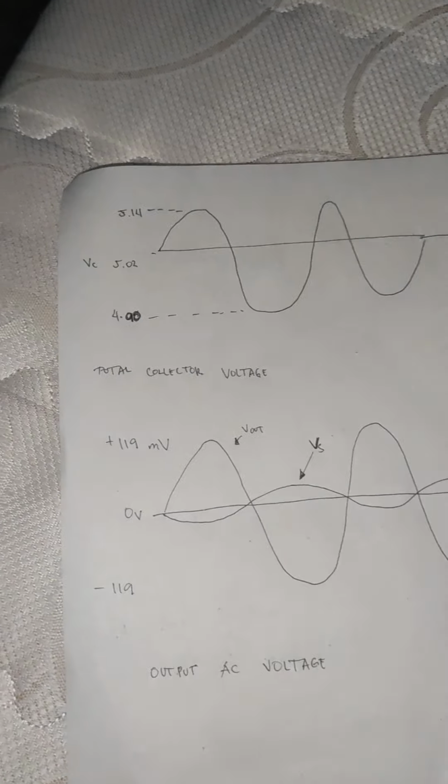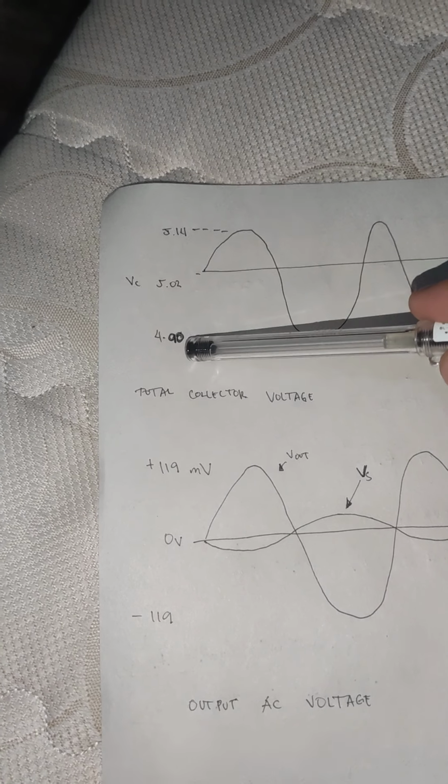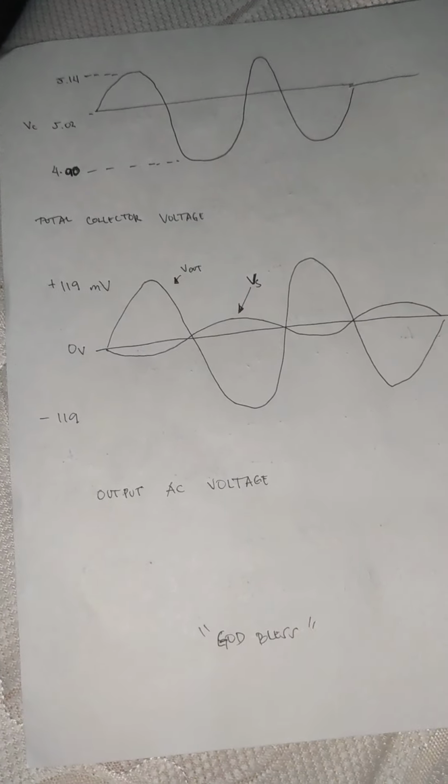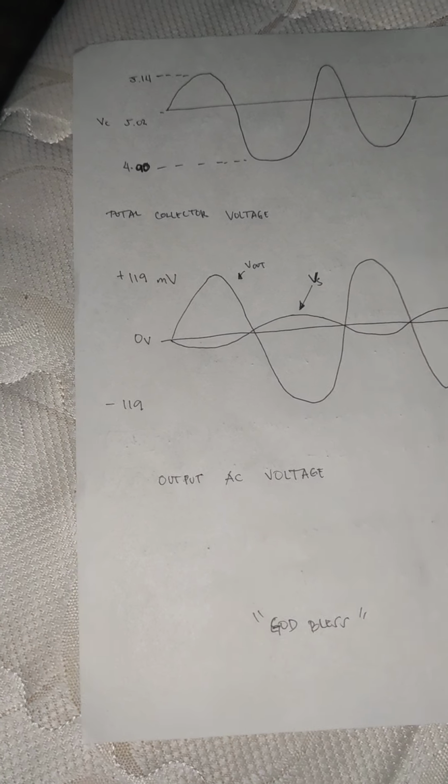minimum voltage, tapos ato din siyang gi-graph, tapos ato din siyang butang broken line. So tapos kaning isa, which is katong AC component of the collector voltage, which is 119 millivolts.